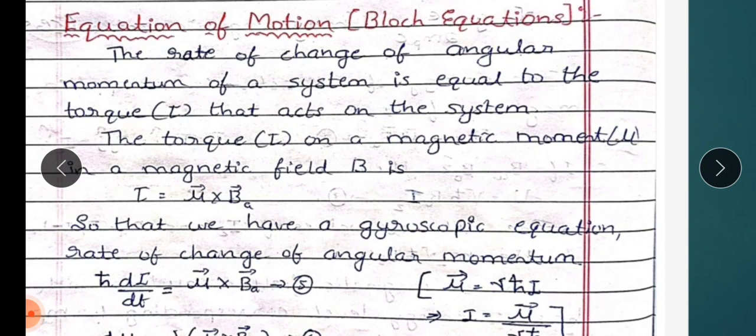Here the Bloch equations are known as a set of macroscopic equations that are used to calculate the nuclear magnetization value M corresponding to the three coordinate system, that is x, y and z coordinates.